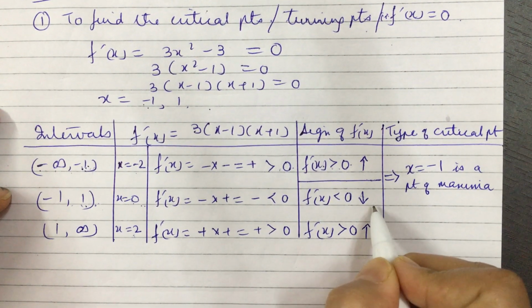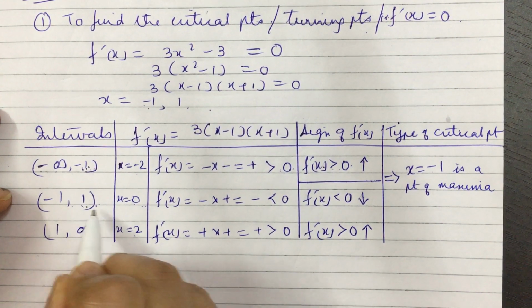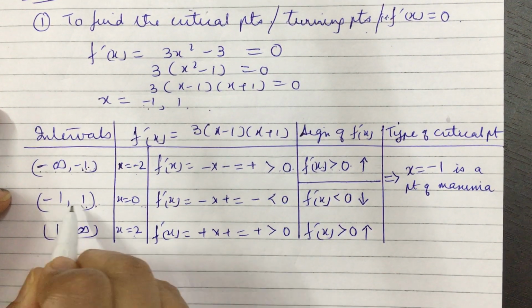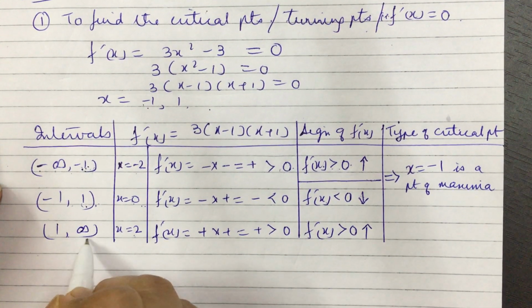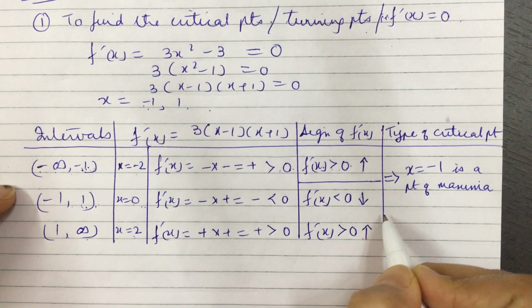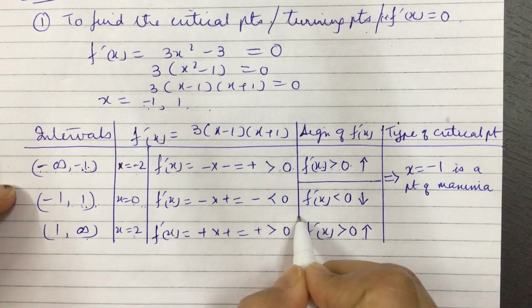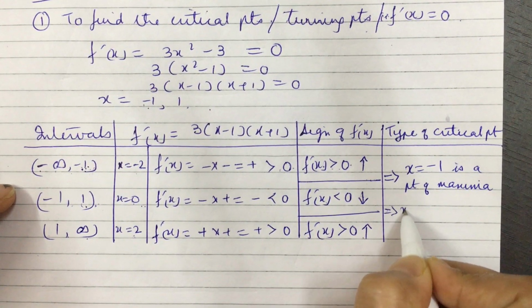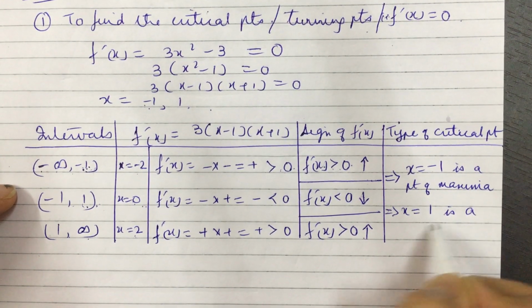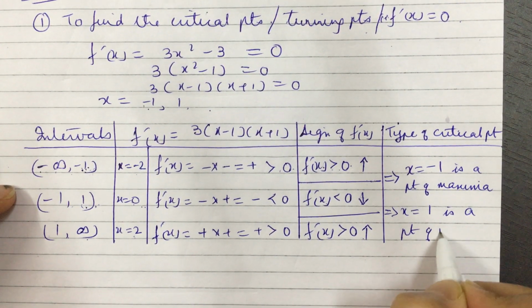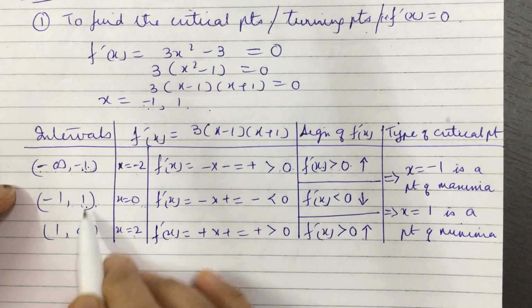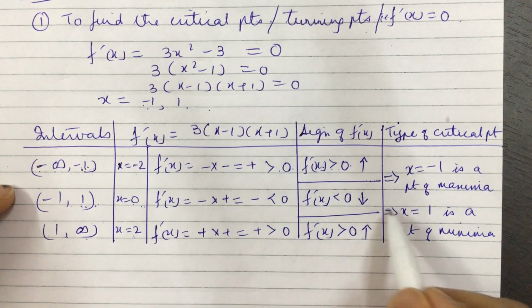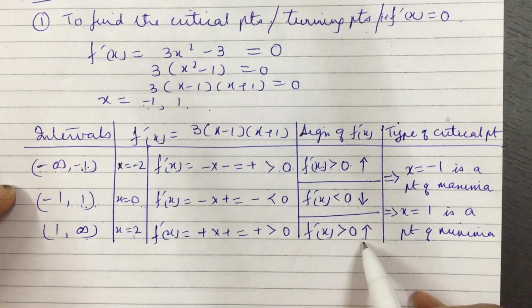Now, if you just see, on the left of 1 the function is decreasing, on the right of 1 it is increasing, and so x equal to 1 is a point of minima, because as we move from left to right across x equal to 1, the function changes from decreasing to increasing.